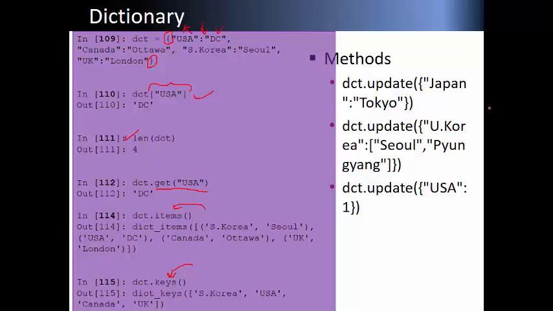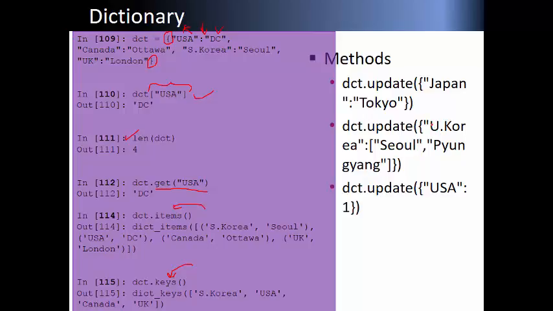You can also update the dictionaries. Update means you can add more into it. Not only when you do updates, as I said, given a key, the value can be a list.